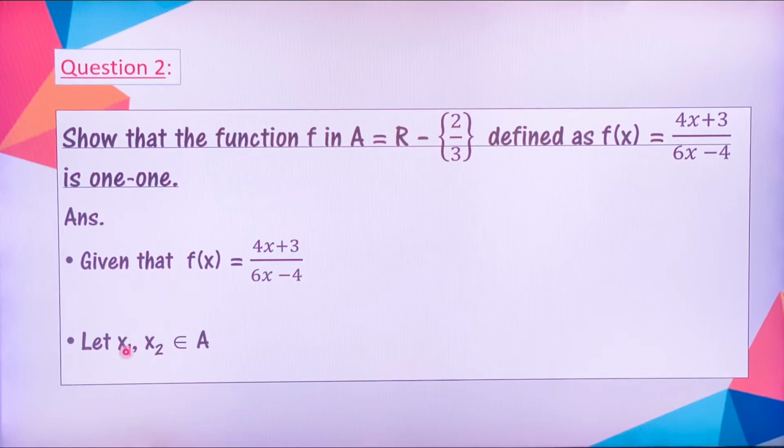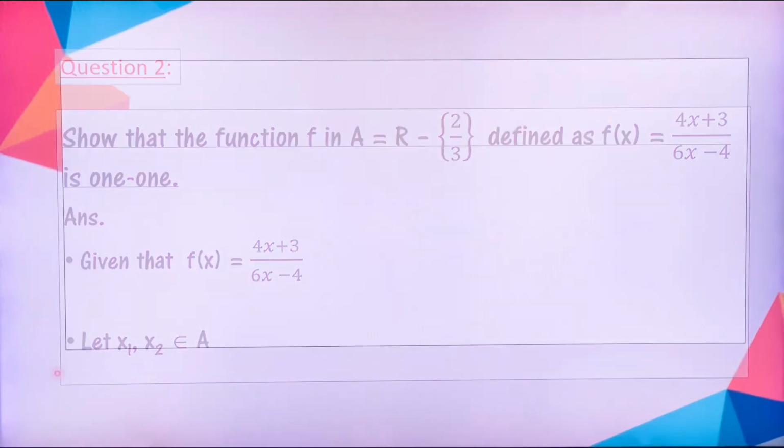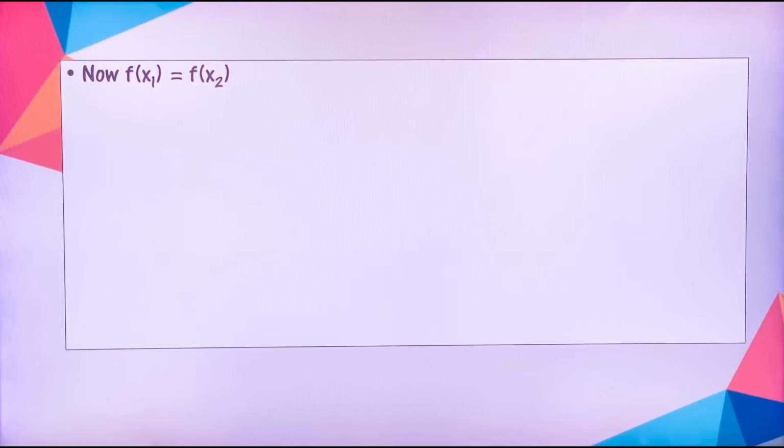Now let x1, x2 belong to A. Now f(x1) equals f(x2), which implies (4x1 plus 3)/(6x1 minus 4) equals (4x2 plus 3)/(6x2 minus 4). That is, replacing x in f(x) with x1 and x2.